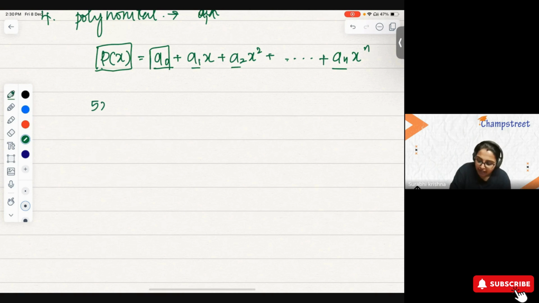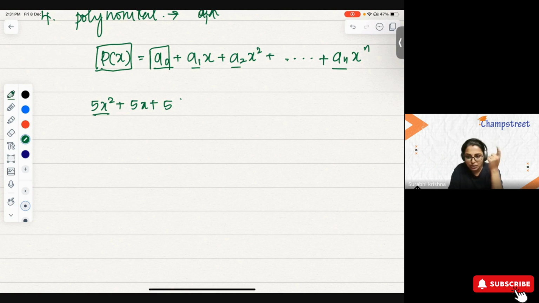If we have 5x square plus 5x plus 5, this is one of the examples, right? There's only one variable, so it's very easy to compare. This term has x power 2. This term has x power 1. And this is nothing but x power 0, right?